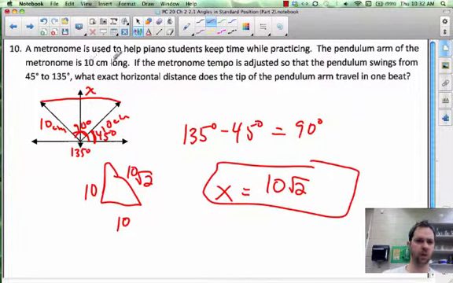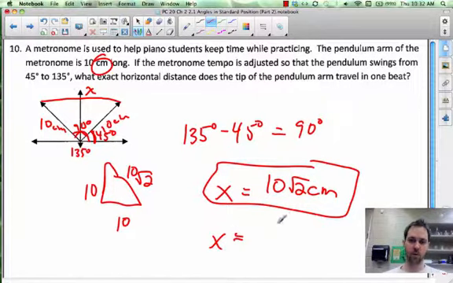And this will be in centimeters. All right. And again, if you want to put an actual number on it, you won't get an exact value because root 2 is irrational, but root 2 times 10 will give you 14.14 centimeters. So that's how far that tip travels.